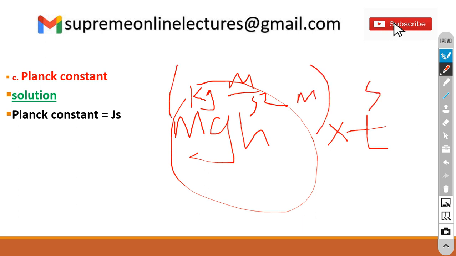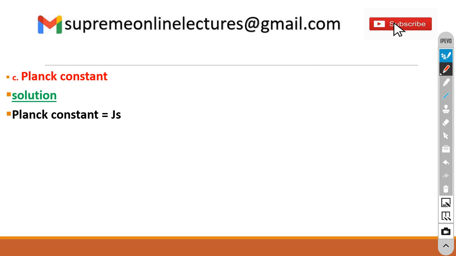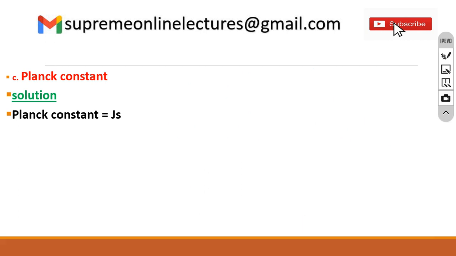So this is what we are going to do. Basically, I had to do it as a rough sketch so that you get what I want to say. So kilogram meters per second square times m into s. I've been able to break down the unit joules into basic units.